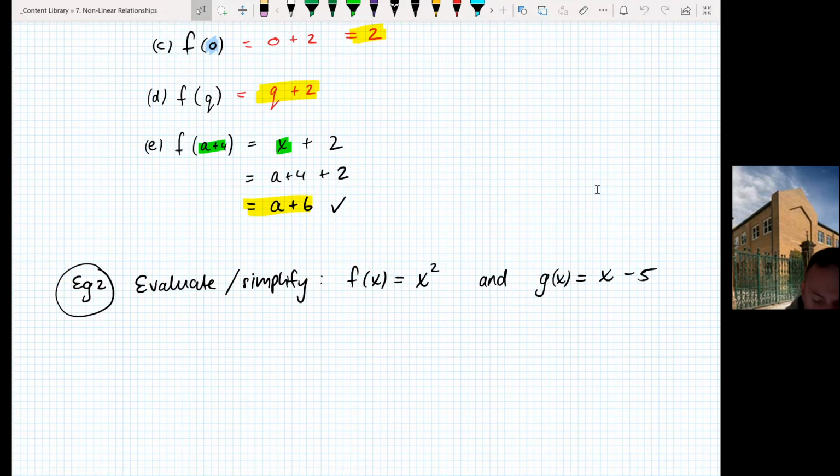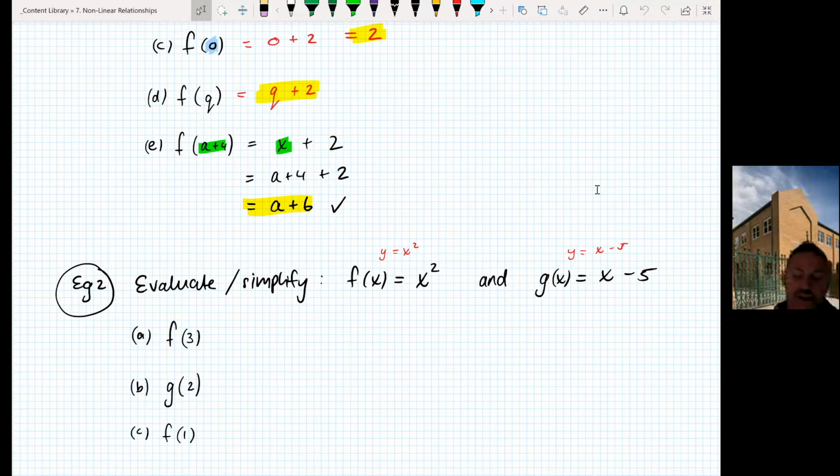But my questions would look like this. Evaluate. I might say f of 3. I might say g of 2. I might say, let's say f of 1 plus g of 1. So again, all this is doing, gents, is asking me to substitute numbers into one of those two equations. So f of 3 means I'm going to that first one, which says x squared.